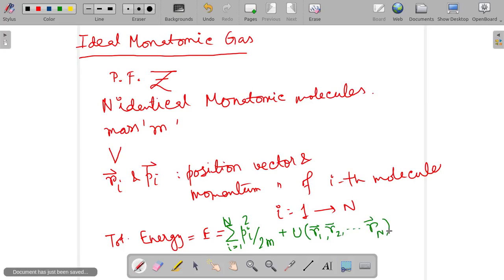U is the interactive potential due to the interaction between molecules. There might be some kind of interaction between the molecules, and even if it is present, then there must be certain potential energy because of the molecular interactions. Otherwise, there is no other source of any potential energy for any molecule.